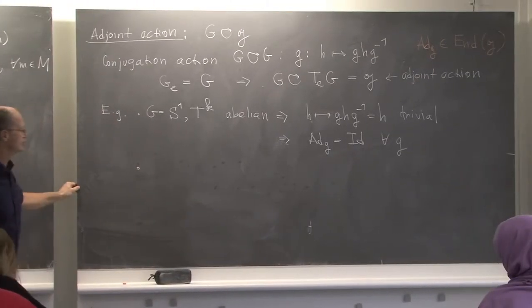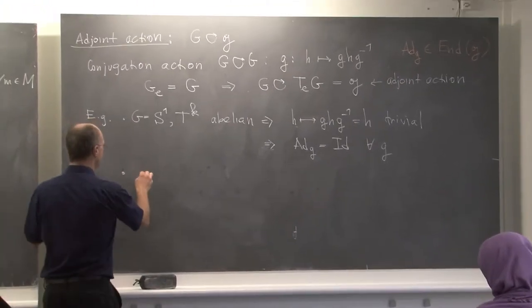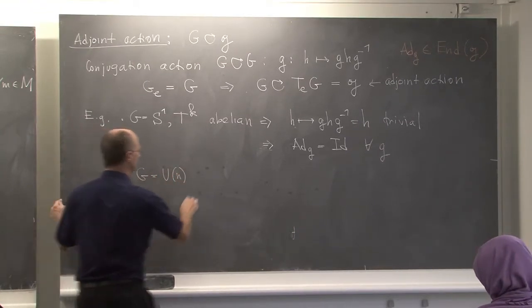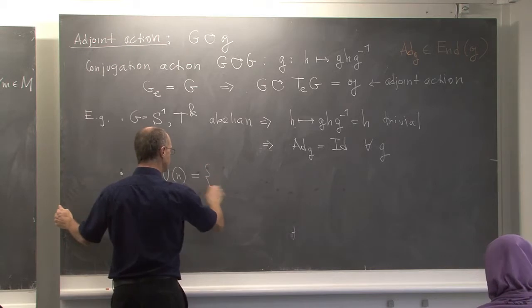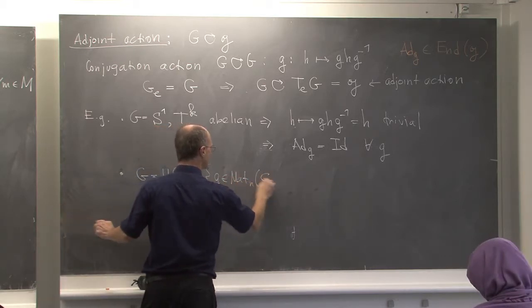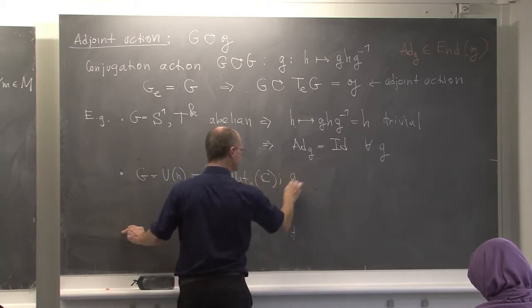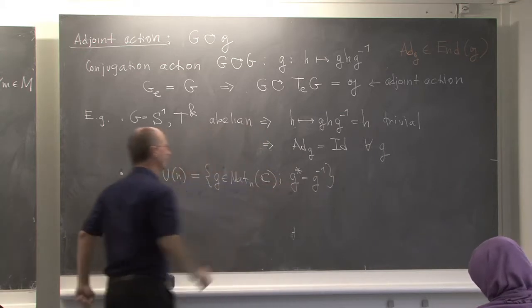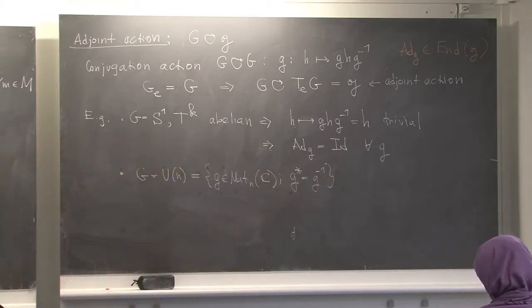Let me give you just one more example. Recall that we were discussing the n-dimensional unitary group. So the complex matrices with Hermitian conjugate of G equal to G minus 1.